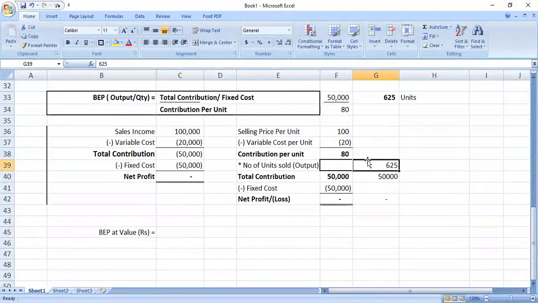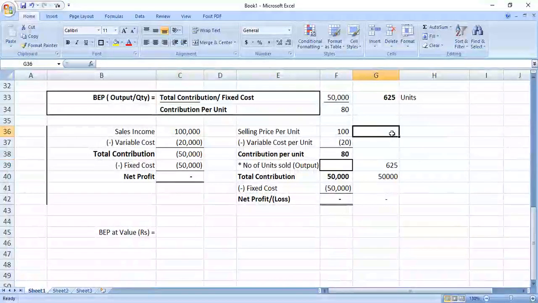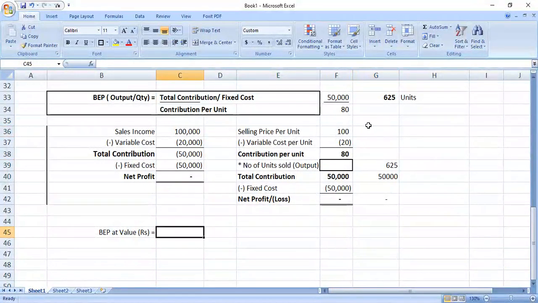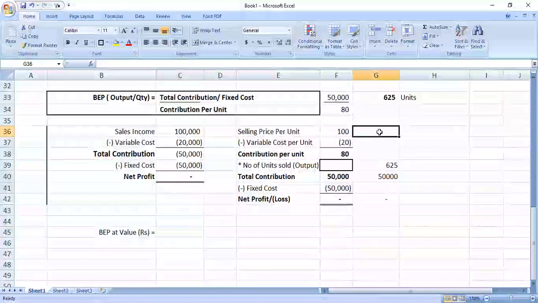At break even point you need to sell how many units? 625 units, guys, right? And we know for one unit what our selling price is.